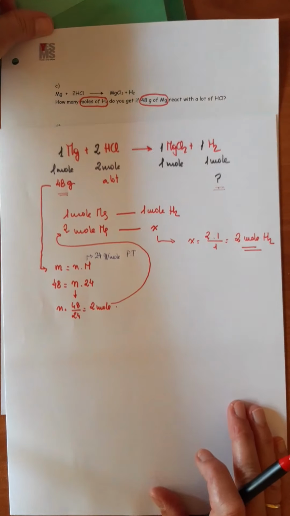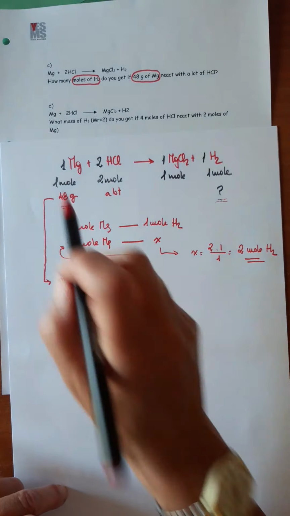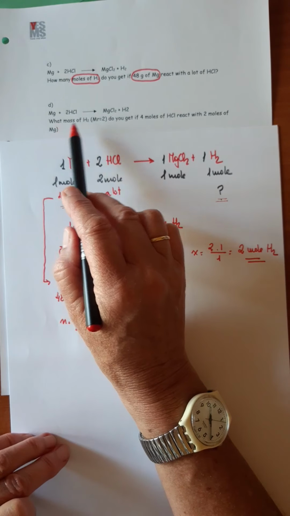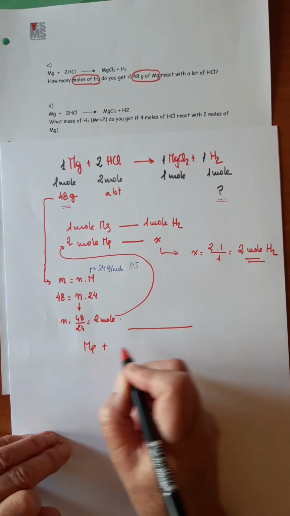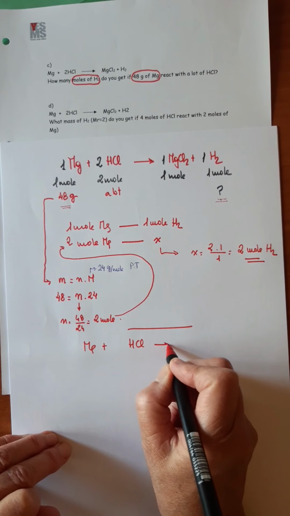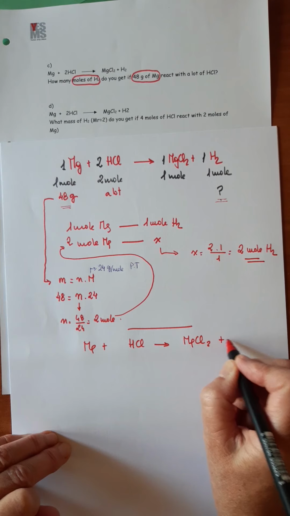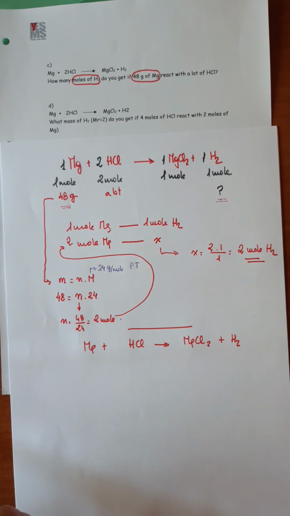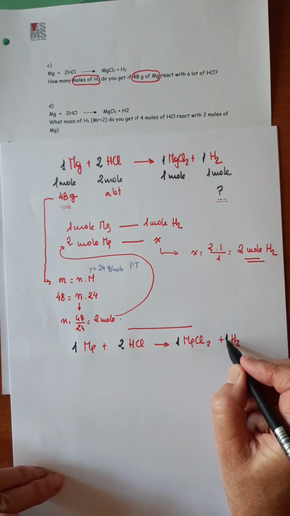Letter D is the same reaction, but now they give us, I will write it again, magnesium plus hydrochloric acid, same proportion: 1, 2, 1, 1.